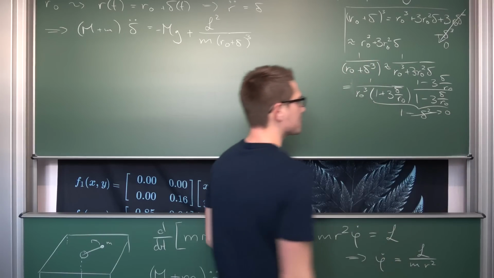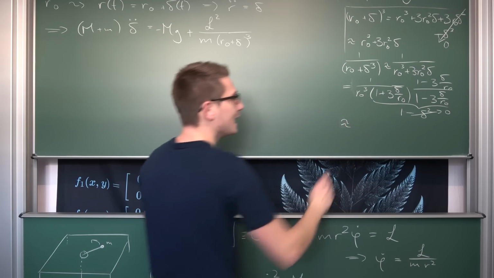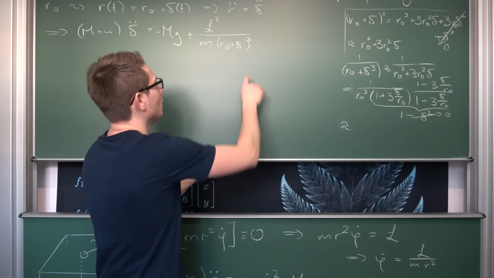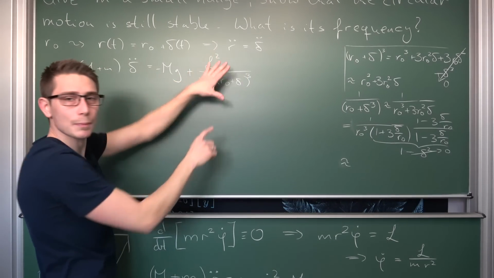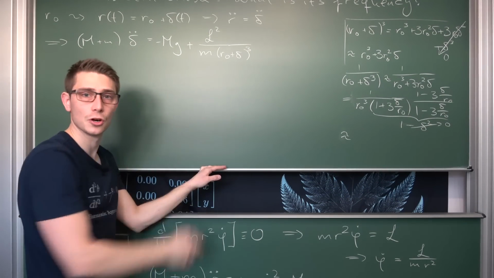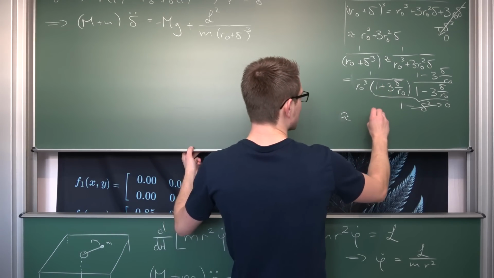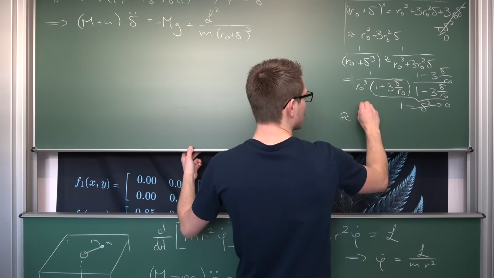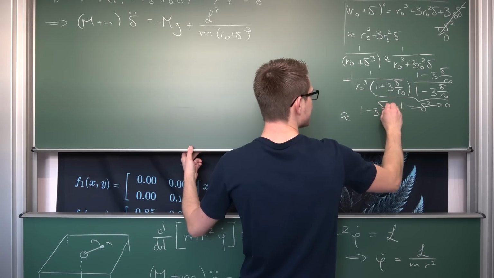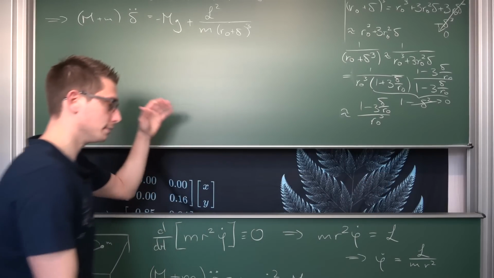So this delta squared is going to go to 0, meaning overall in our approximation this whole term that we're having here, 1 over blah blah blah, is approximately, you can justify this more by doing a Taylor series expansion of this term in 1 over the third root basically, it's going to be approximately 1 minus 3 delta divided by r naught, divided by r naught to the third power.